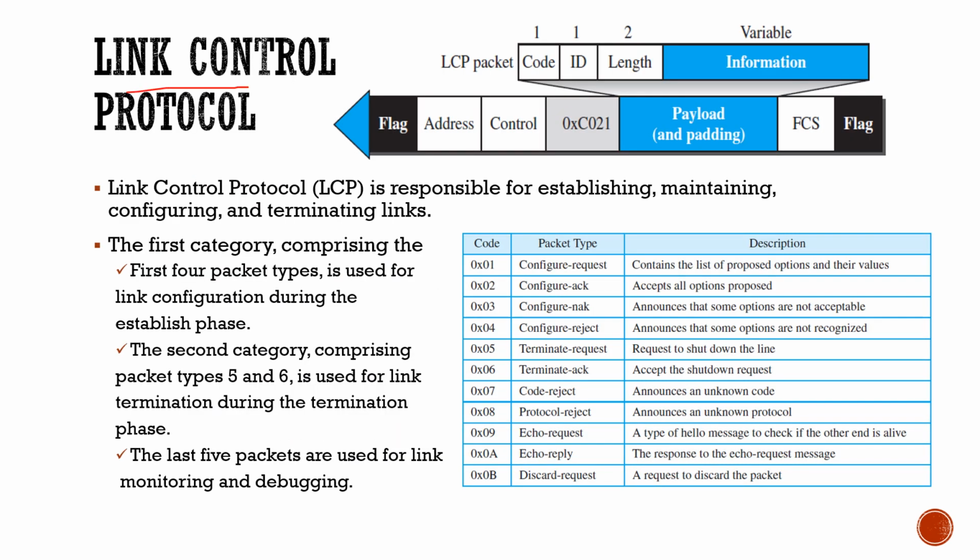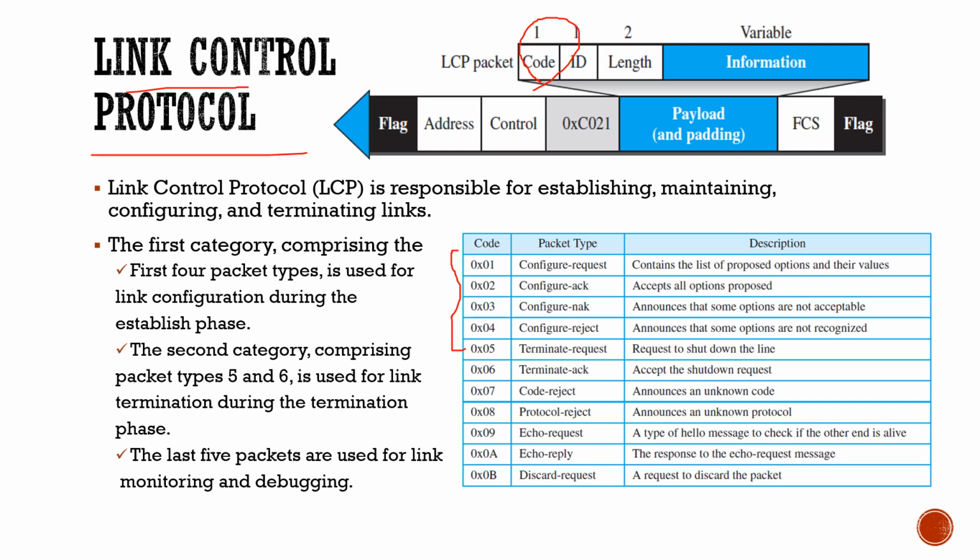First is the link control protocol, which we use mainly for establishing, maintaining and configuring links. In the link control protocol we have a code, and in the code we mention the different types of packets. The first four are link configuration packets.